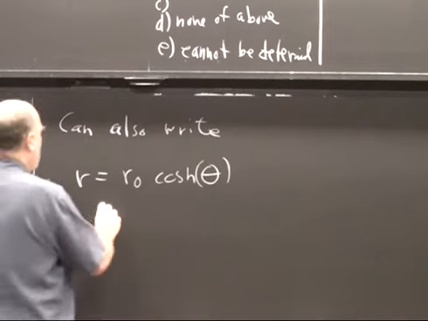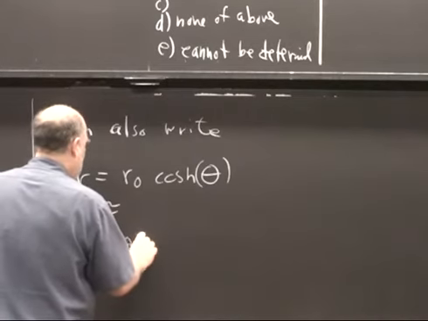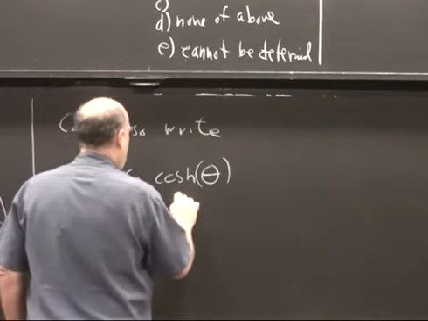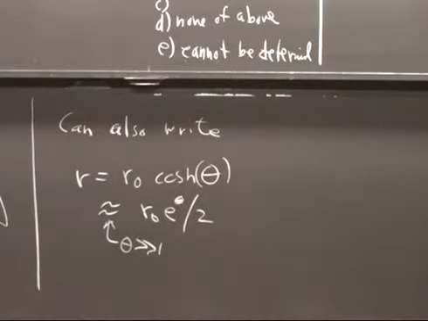And this is approximately equal to, when theta gets large, R0 times e to the theta divided by 2. So it's a simple exponential growth after we get rid of the initial exponentially decaying term.